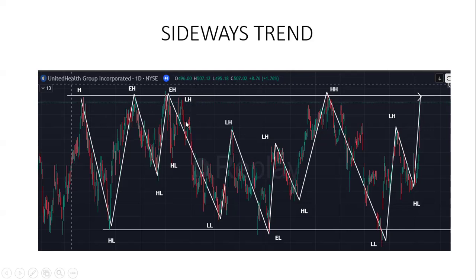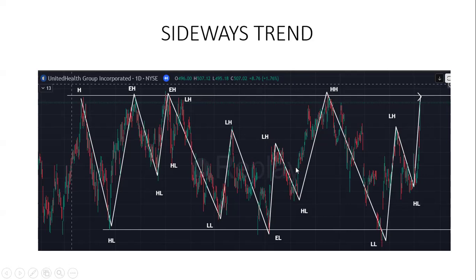Now after the lower high, it has made a lower low. This is lower compared to this, hence it is lower low. Now again there was a pullback. It has made a lower high, and here we can say it has made an equal low or lower low. Now from there again there was a pullback. It has made a lower high. Now what can we expect after lower high? A lower low, right?